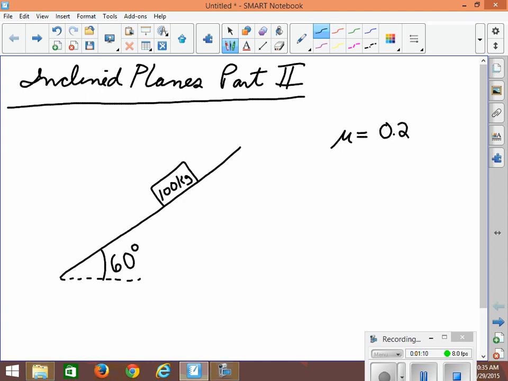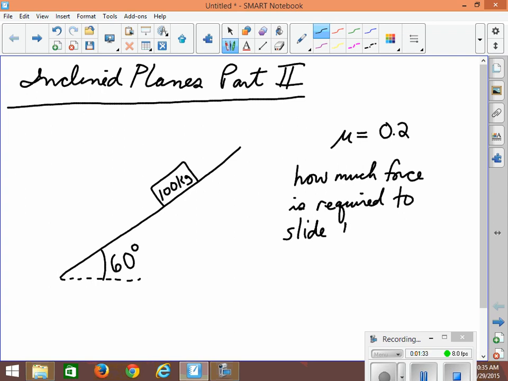And the question that we're going to ask is, how much force is required to slide the box up the ramp at a constant speed?